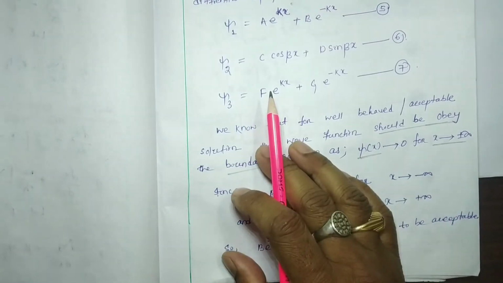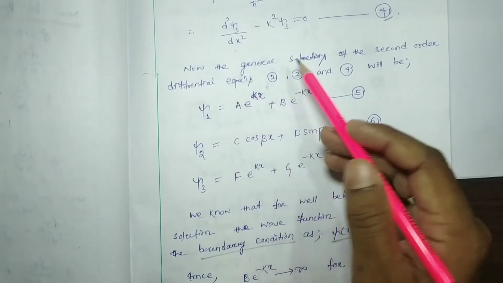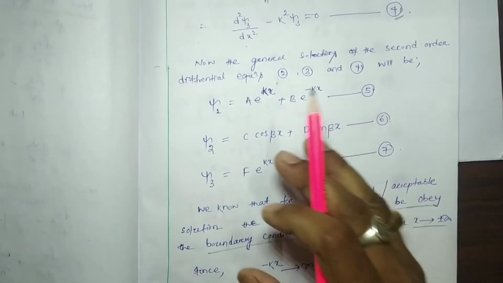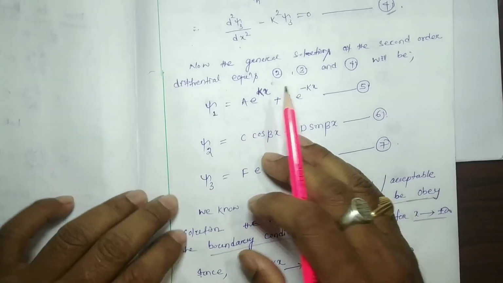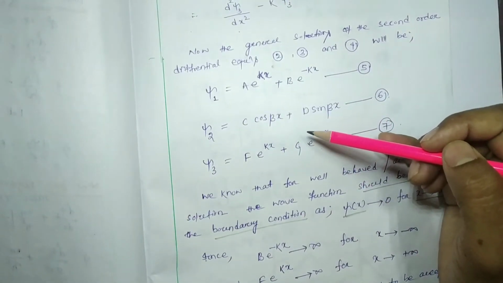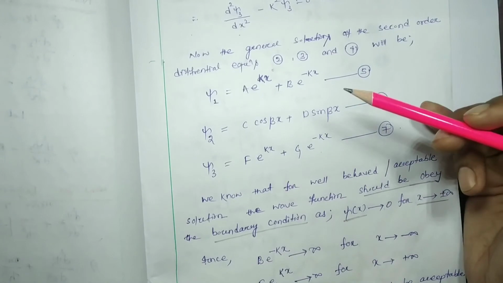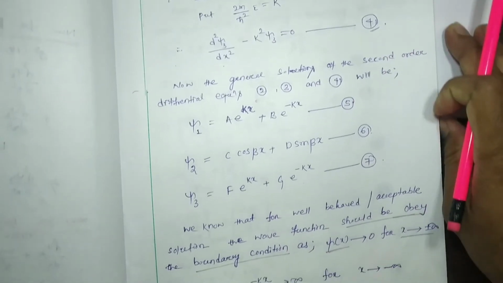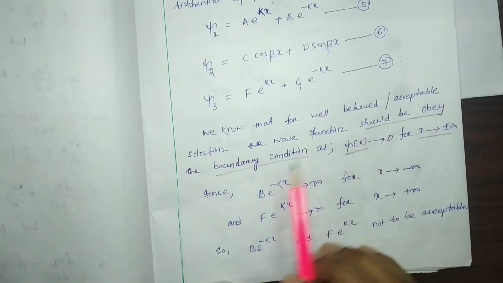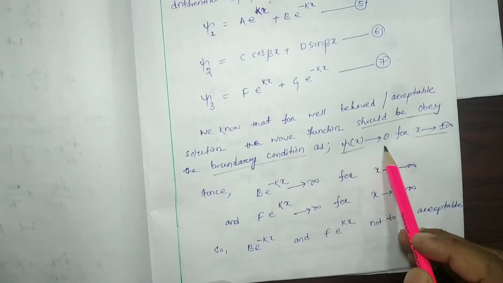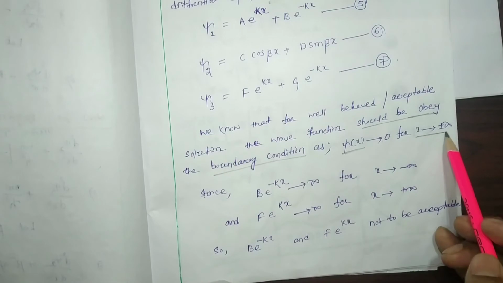We can get the wave function in any format, but it has to obey the boundary condition and be normalized, then it will be acceptable. So if we consider all three wave functions in regions 1, 2, 3, is it well behaved? If it is, then it has to obey this boundary condition, that psi of x should be 0 when x tends to plus or minus infinity.